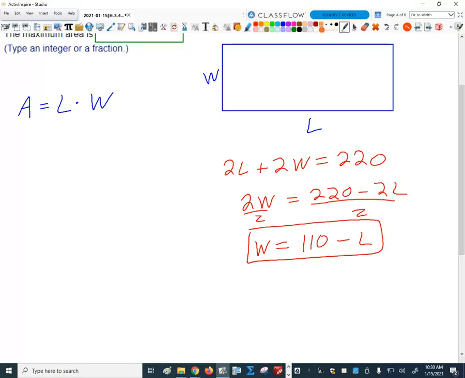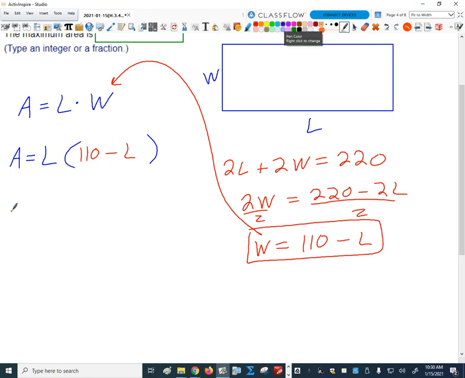That's useful because now I've got W as a function of L, and look what I could do. I could just make that substitution up there, and now I get A is equal to L times W, but we're replacing W with 110 minus L. Okay, so if I distribute, I end up with the function A equals 110L minus L squared.